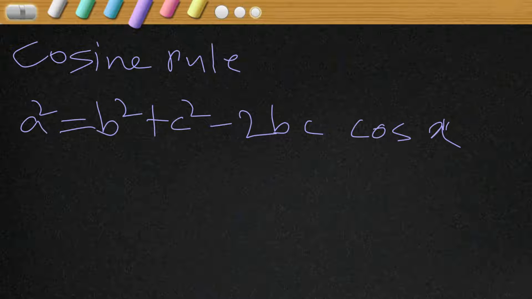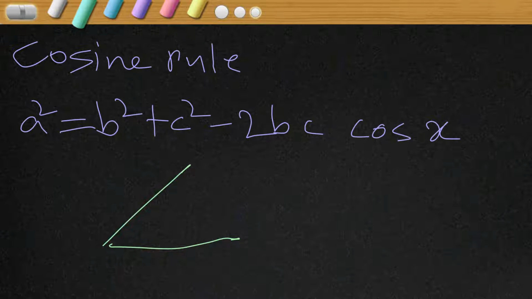Let me just draw this out for you. When there are two lines, the angle between them will be x, the lines on either side will be b and c, and if there is an adjoining line, we'll call that a.